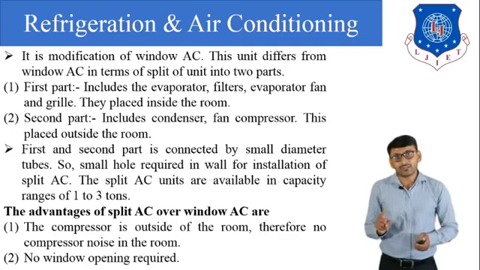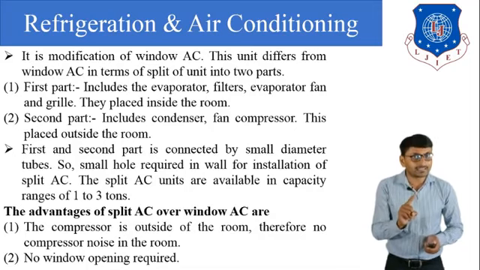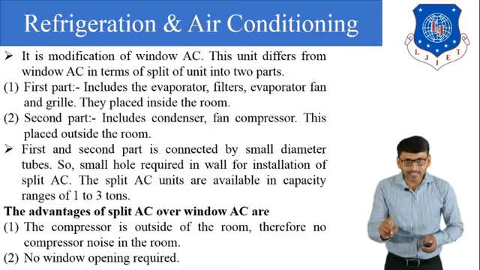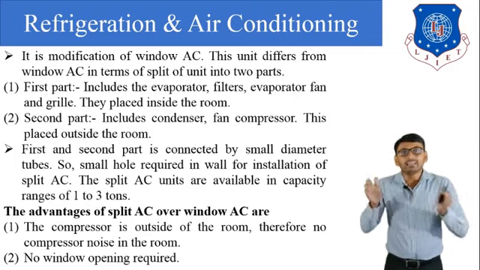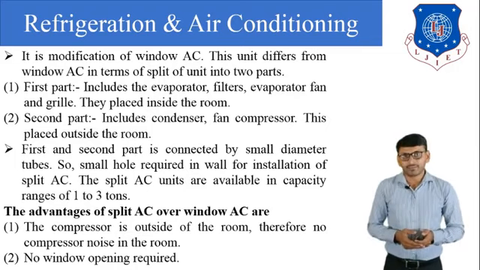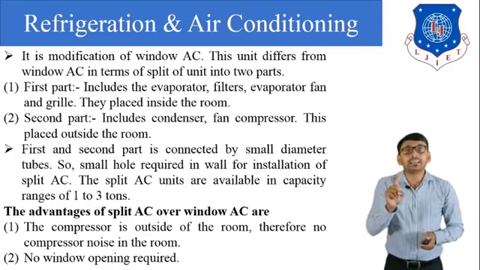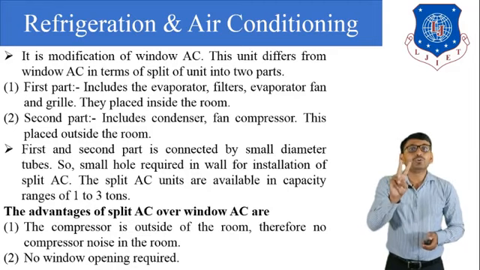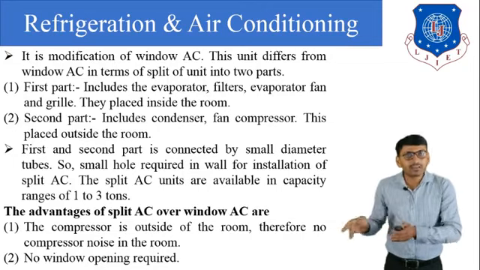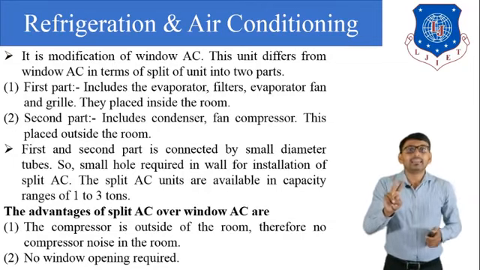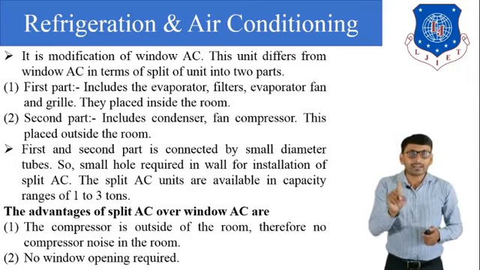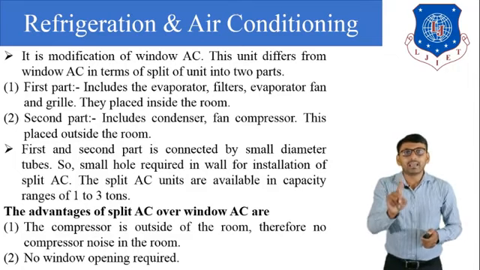So what is the basic difference between window AC and split AC? In window AC, there is only one unit which is placed in the window opening. And in split AC, there are two units: one indoor unit inside the room, second outdoor unit outside the room, and these two units are connected by a small diameter tube.